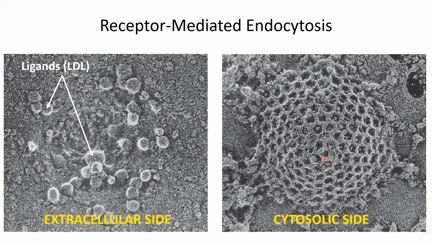And this is the cytosolic side. You can see here, so this is the opposite side from the one shown on the left. You can see here a lattice of coating materials, particularly clathrin, coating this coated pit. So this one is the coated pit, okay, with the LDL attached to the receptors.